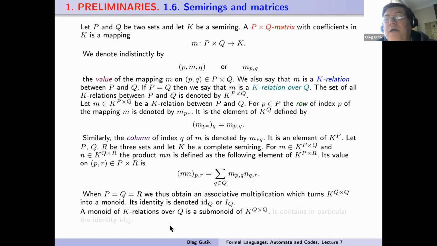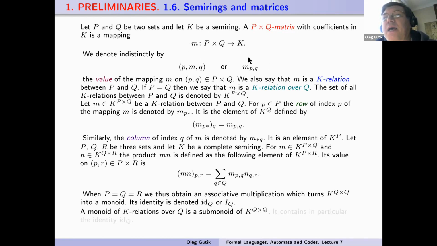A monoid of K-relations on Q. So what we have are matrices.